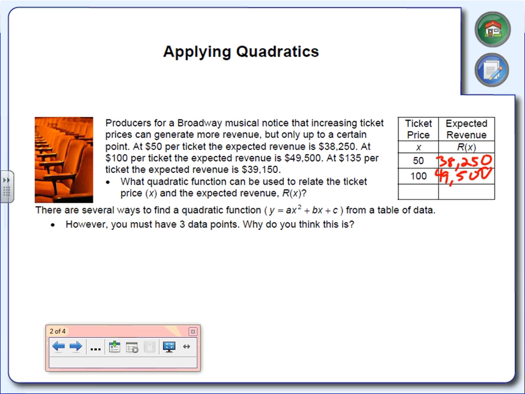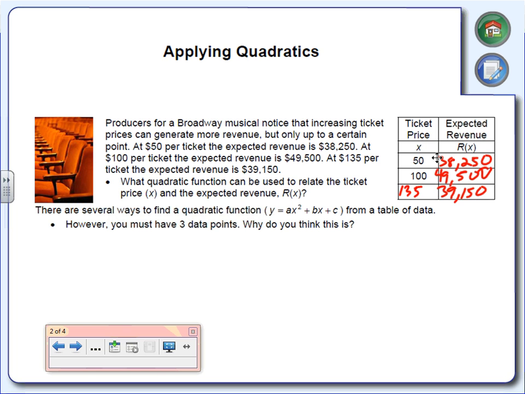There is another one, though. They said that if they charge $135 for the tickets, they're expecting the revenue to be $39,150. So notice there's a drop-off there. Why is that? That's right. If you start charging too much, then less people are going to buy those tickets. Okay, so you got to find that balance there.